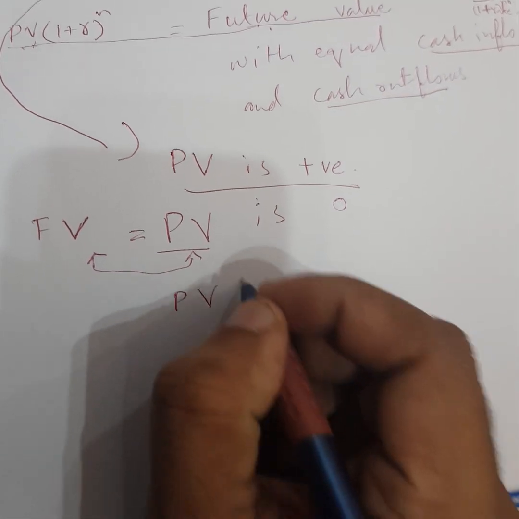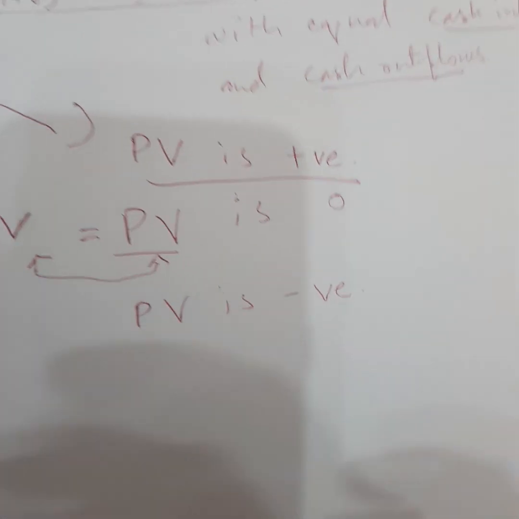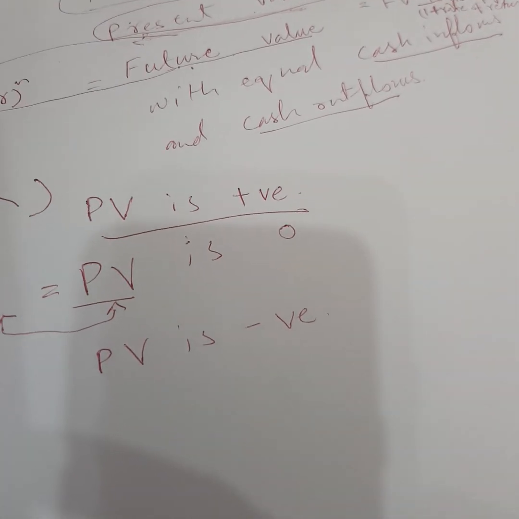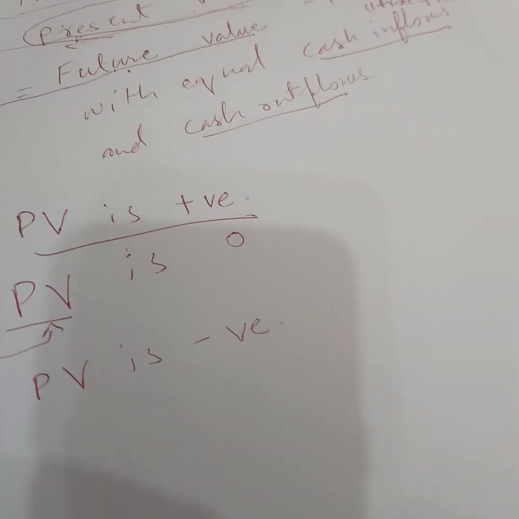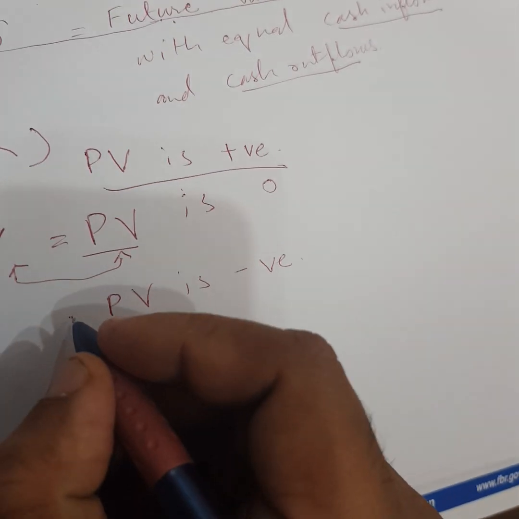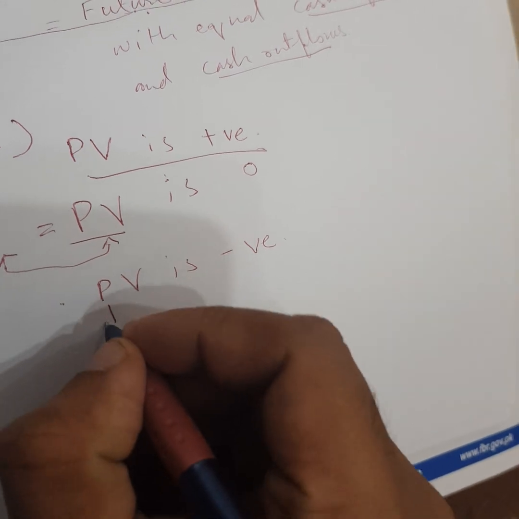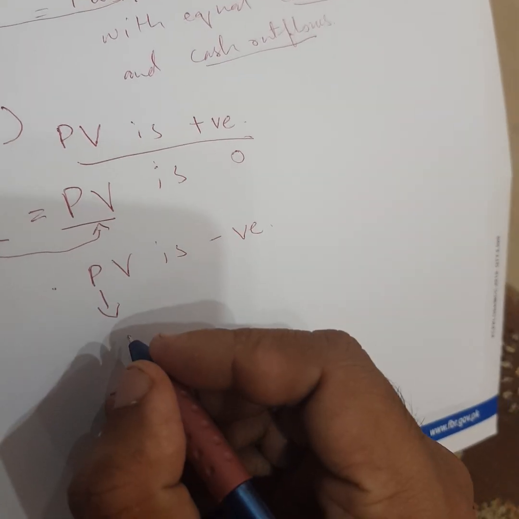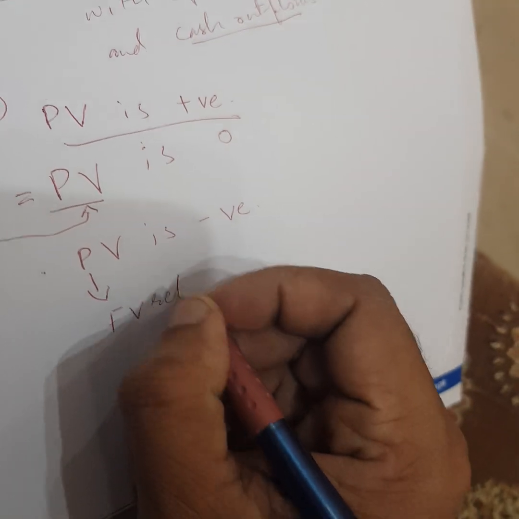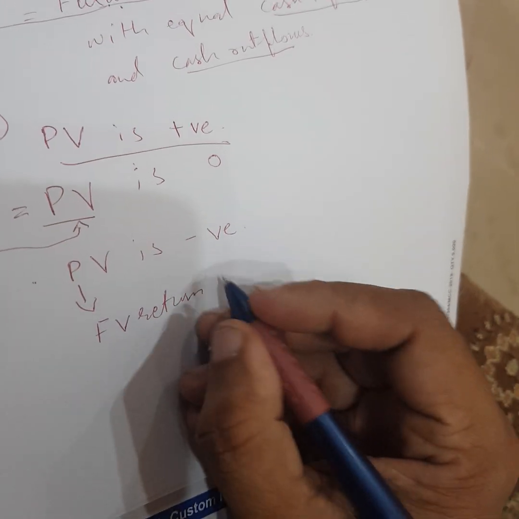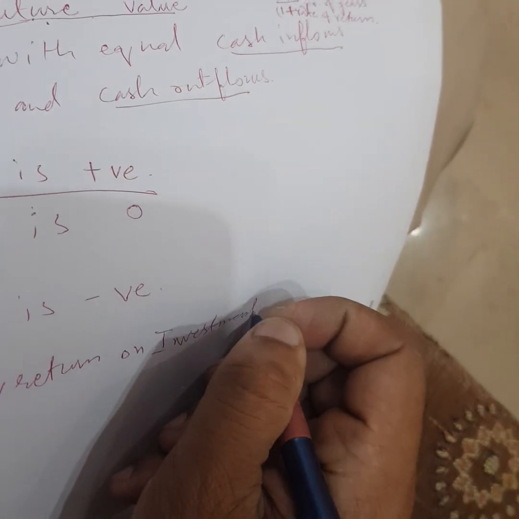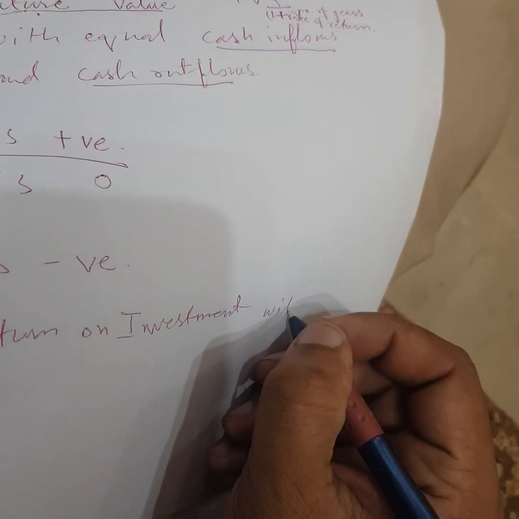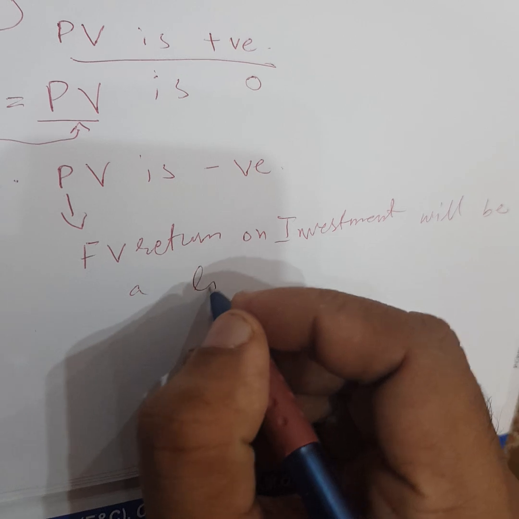But if the present value is negative, it means we should not accept the project because in future we will get a loss. A negative present value shows that our future return on investment will be a loss.